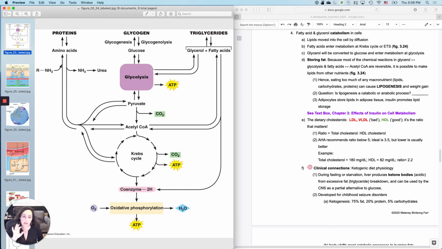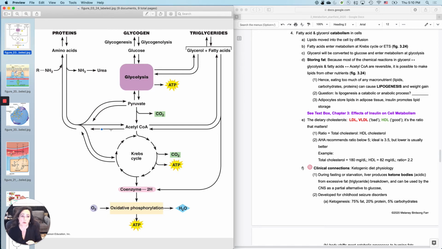Now, an interesting thing about your big picture metabolism is that, remember I pointed out to you before that many, not all, many of these reactions are two-way reactions, in and out, in and out.